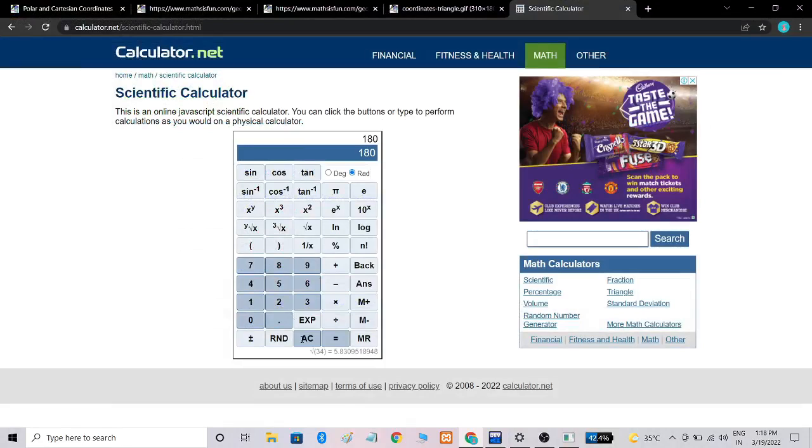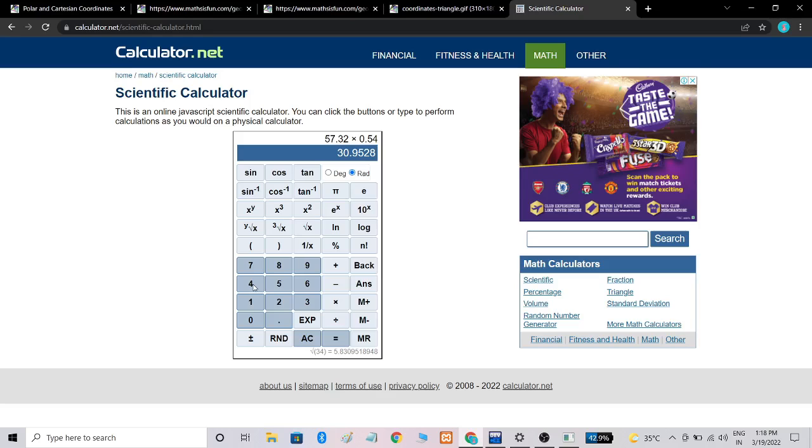Firstly we calculate 180 divided by 3.14, which is 57.32. Now we multiply it by our theta, 57.32 times the value of theta in radians, 0.54.